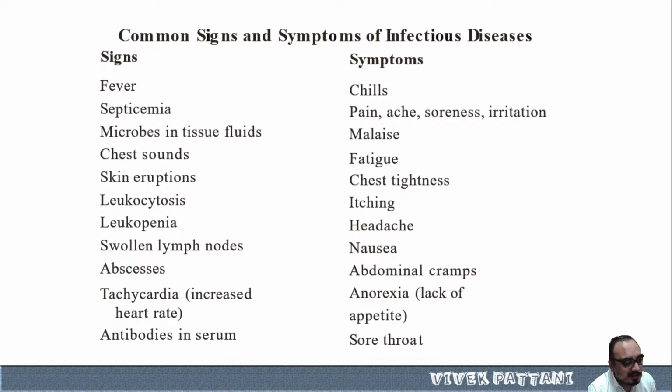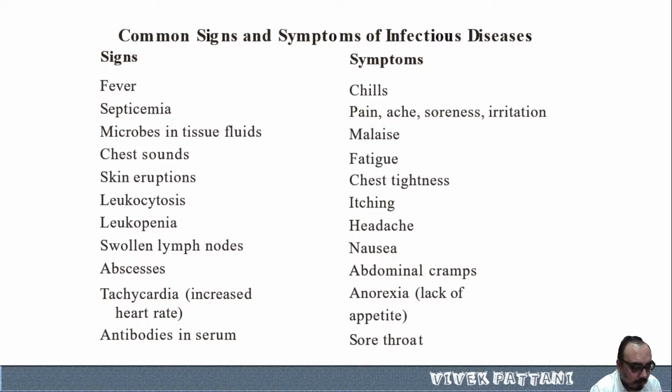This is because of the bacteria and the toxins produced by the bacteria. Sepsis may also occur due to some chemical substances which are also harmful.